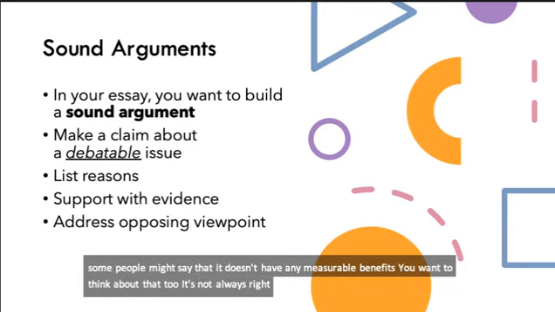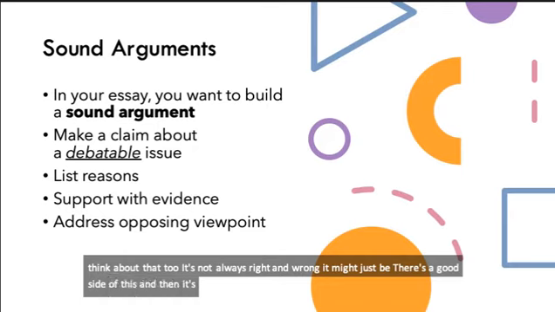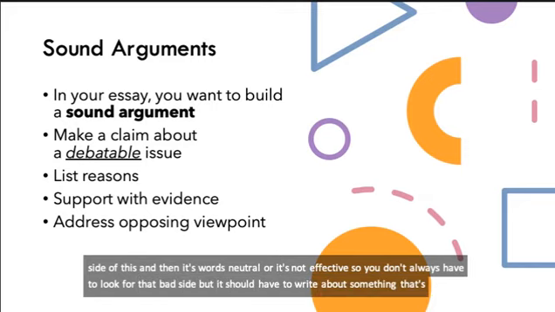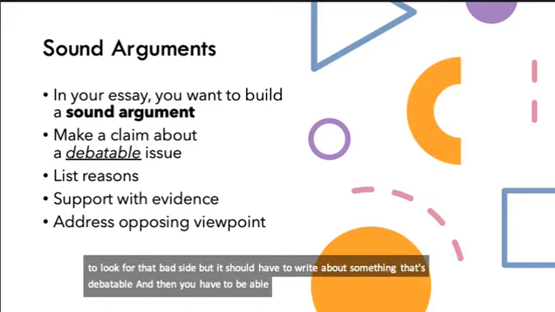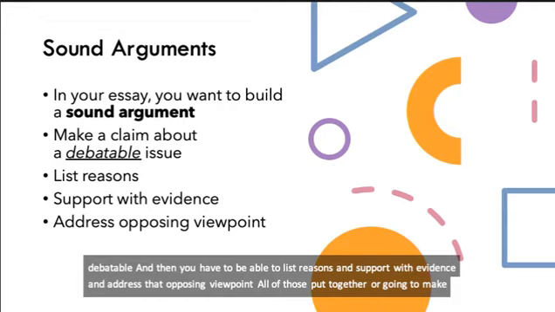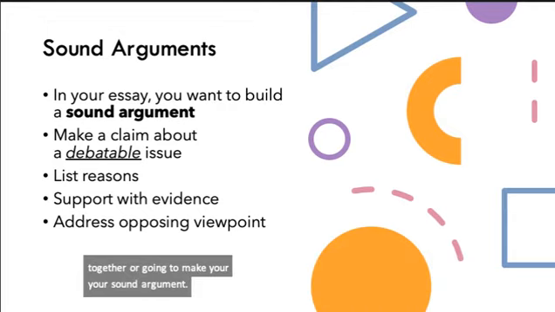It might just be that there's a good side of this and then it's neutral or it's not effective. So you don't always have to look for that bad side, but you have to write about something that's debatable. And then you have to be able to list reasons, support them with evidence, and address that opposing viewpoint. All of those put together are going to make your sound argument for your research paper.